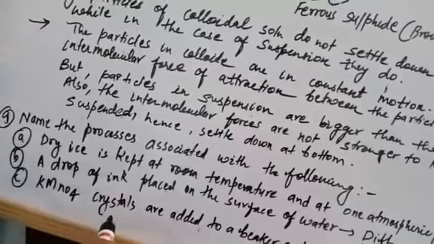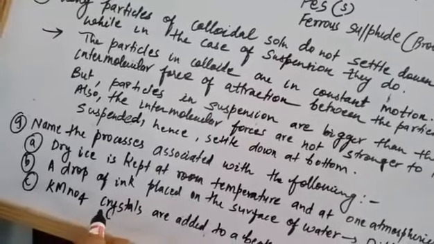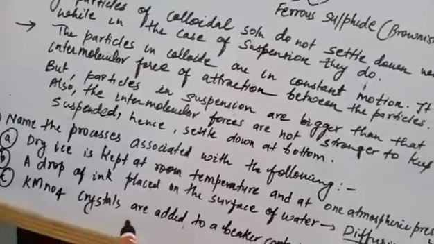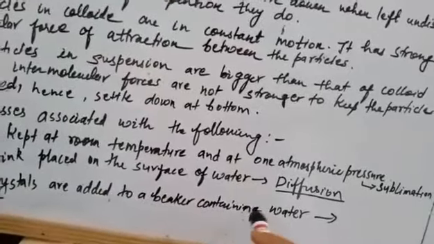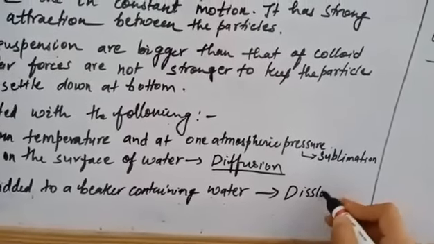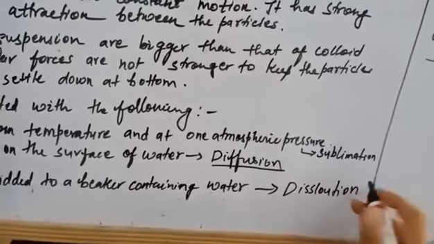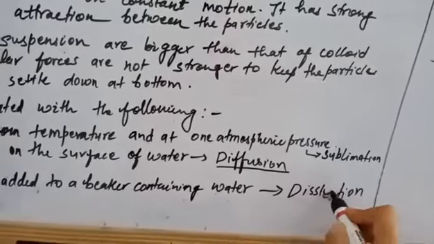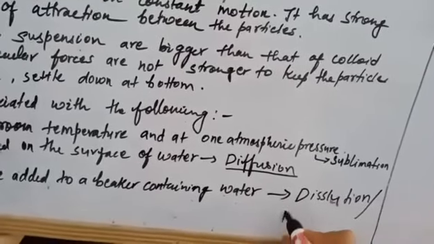A KMnO4 crystal, that is potassium permanganate crystals, which are pink in color, is added to a beaker containing water. What will happen here? First is dissolution. The dissolution process takes place, as well as the diffusion process.